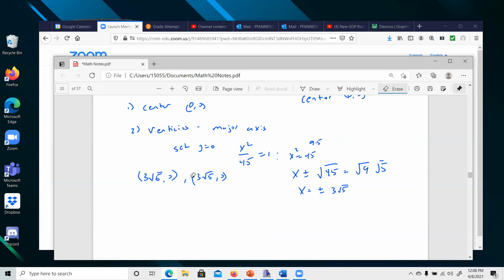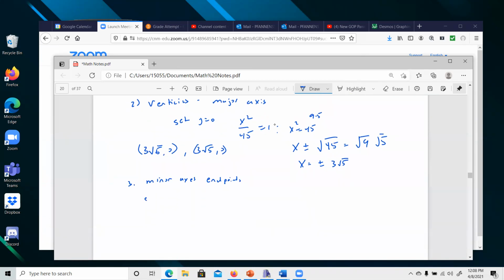Just like the Connect Math, we have it something like that. And then it asks, what are the minor axes endpoints? I think that's actually how they spell it. What you're supposed to do there is set x equal to 0.